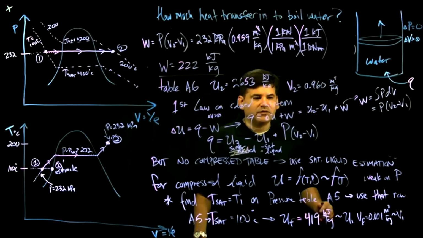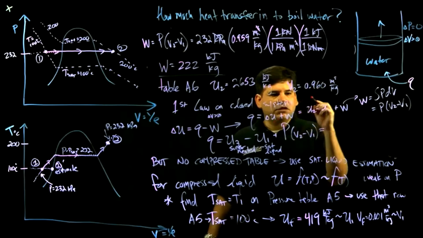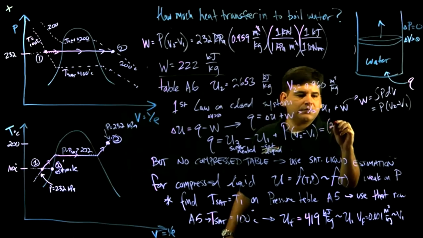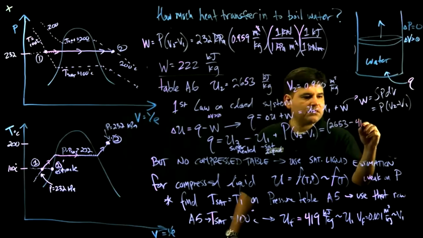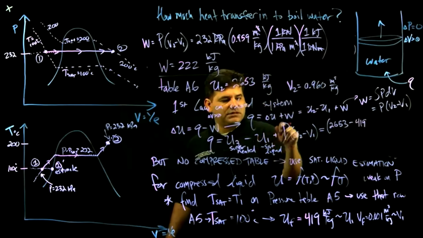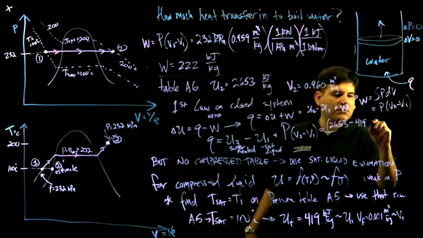So that was the last thing we needed, in a good way. U2 is 2653, U2 minus U1 is 419, then we just found work, which would be 222.